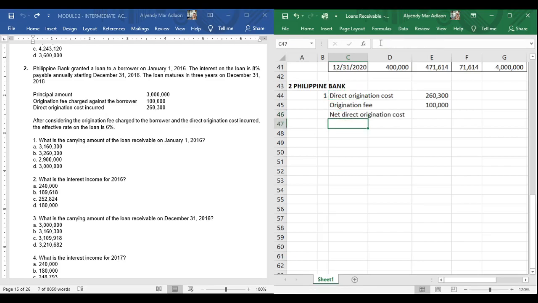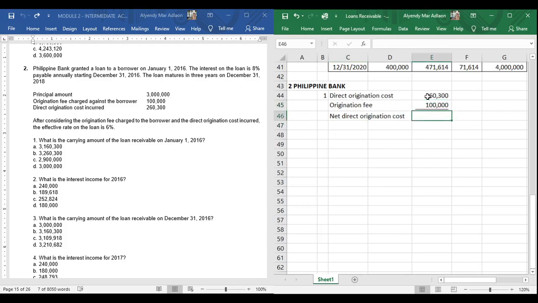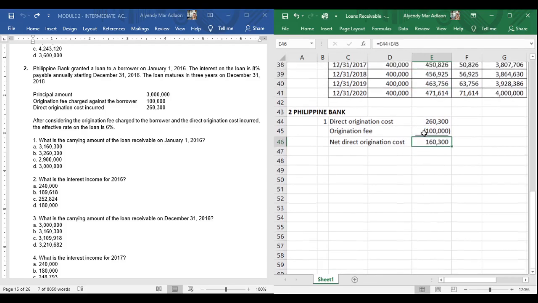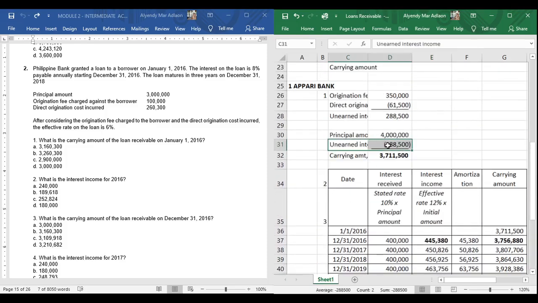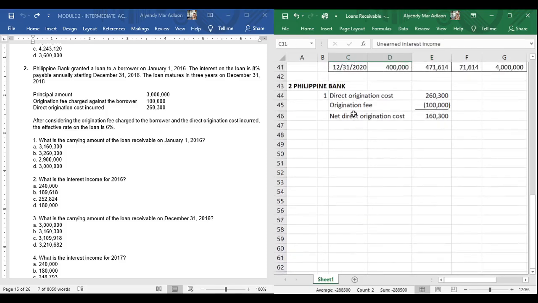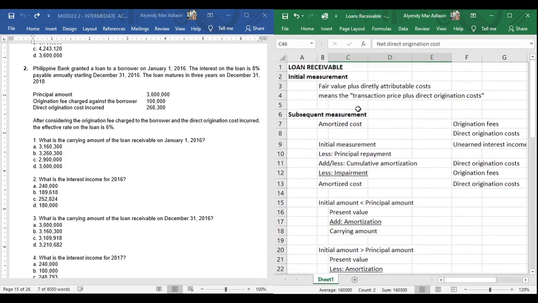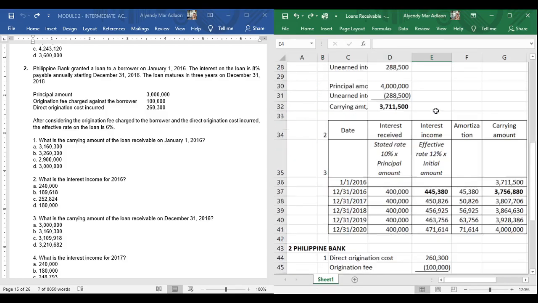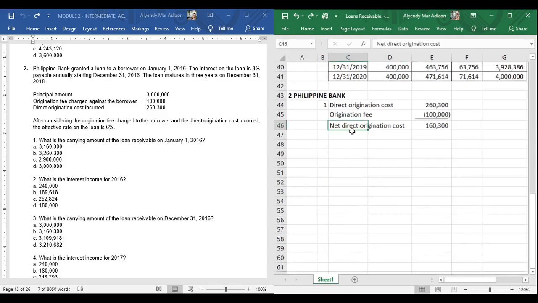We have 160,300. Take note, class, when there is a direct origination cost, the measurement would be fair value plus directly attributable cost. So that would be the transaction price plus the direct origination cost. So we add the direct origination cost.